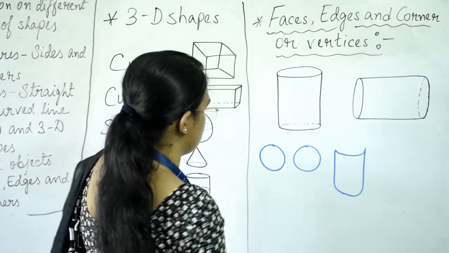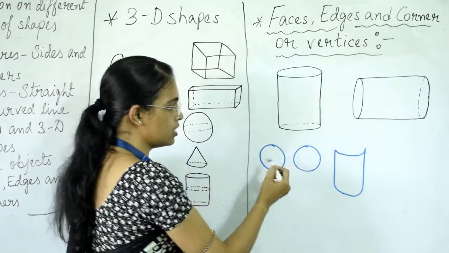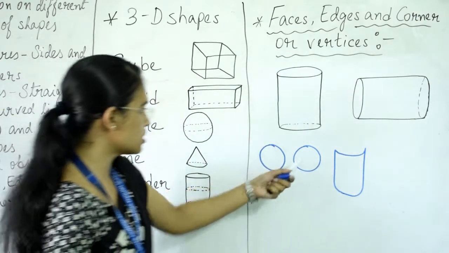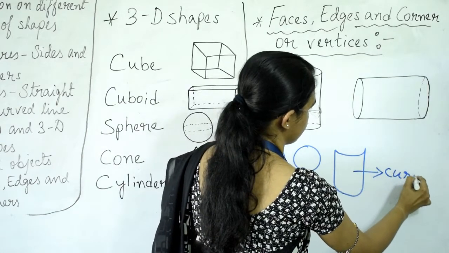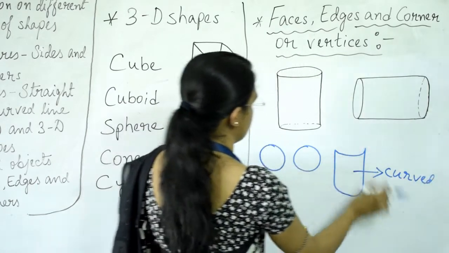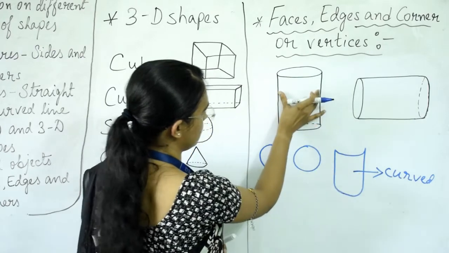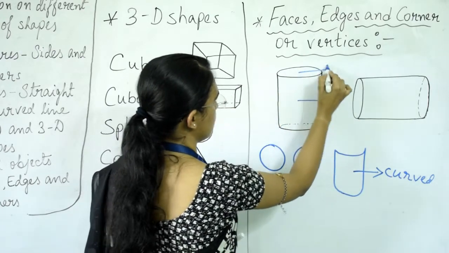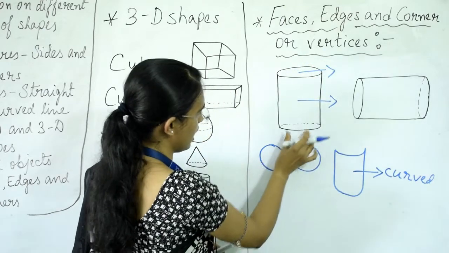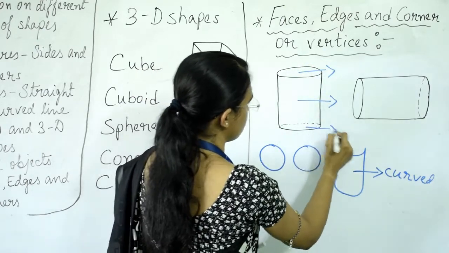These two are the same size, and this one is curved. This part is one face, this is another face, and this one is another face.